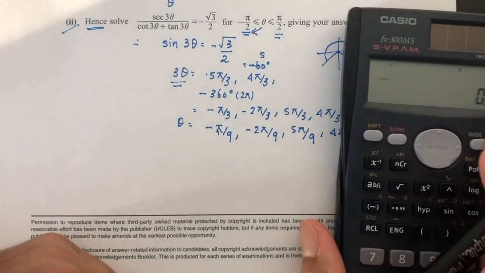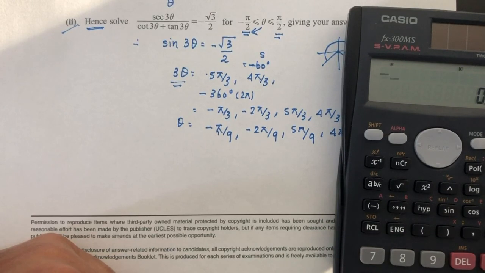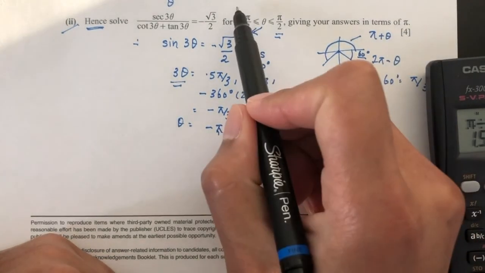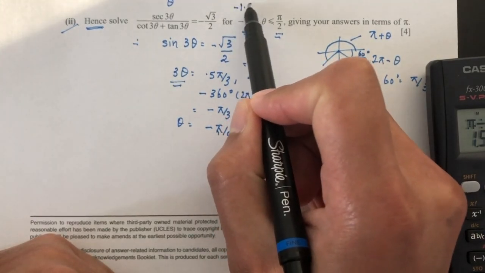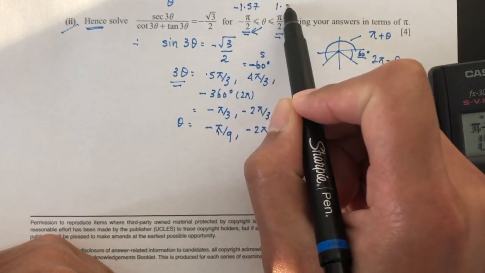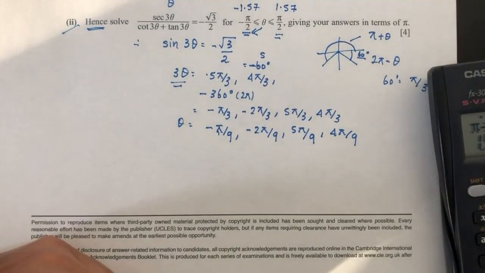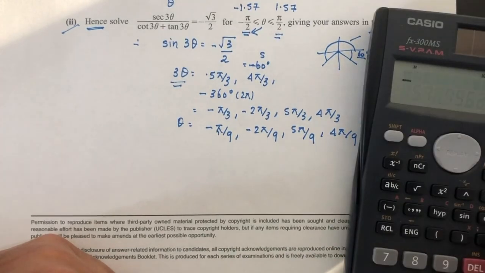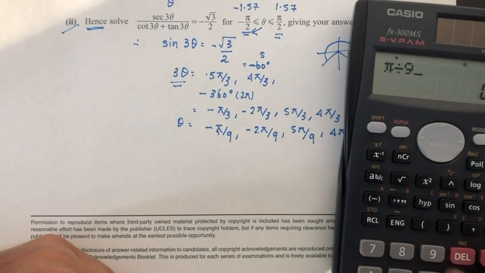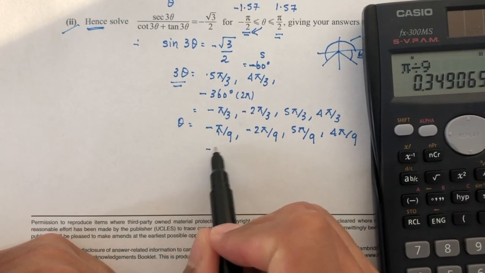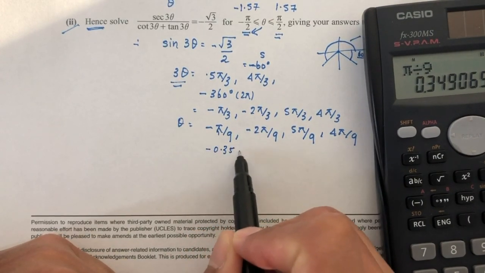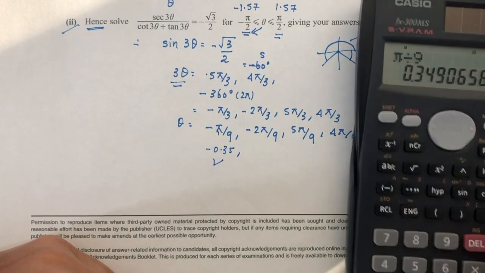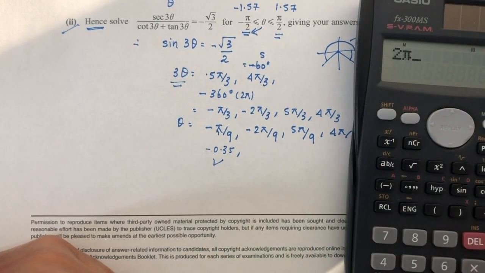Let's find out which ones are in the range. Pi divided by 2 is 1.57, so the domain is minus 1.57 to 1.57. Let's see which of these values is inside my domain. First, minus pi divided by 9 is minus 0.35, so it is inside. That is good. How about this one, minus 2 pi divided by 9?